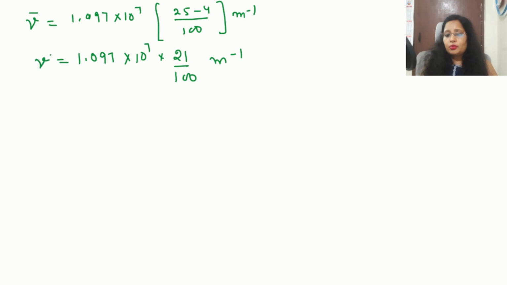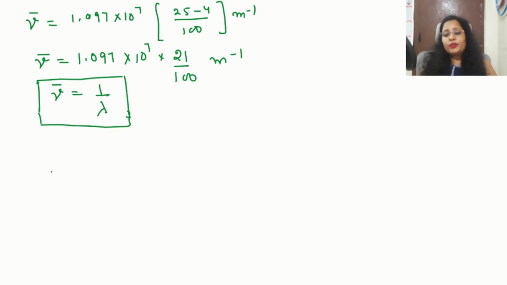This is mu bar. And one more thing that we already studied, that mu bar is equal to 1 upon lambda, that is wavelength. So if we know the value of mu bar, we can easily find the wavelength.